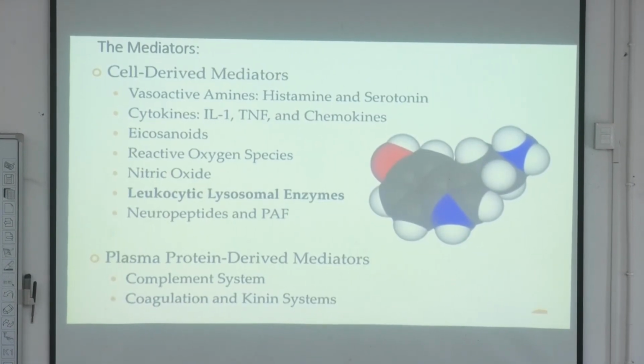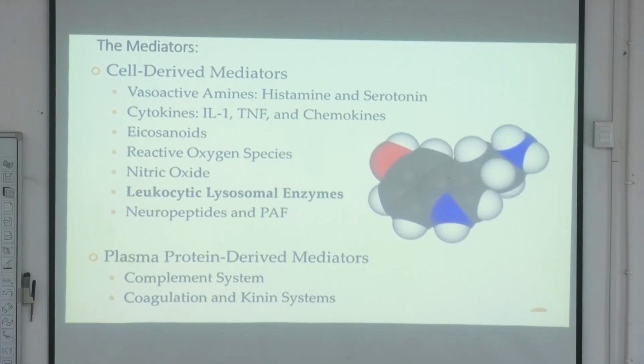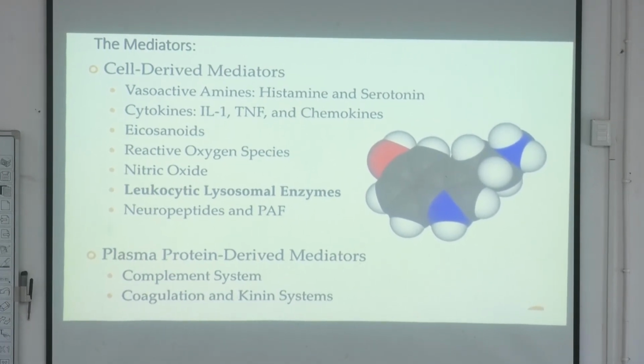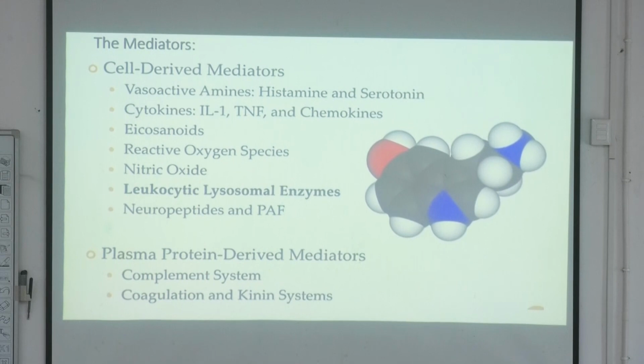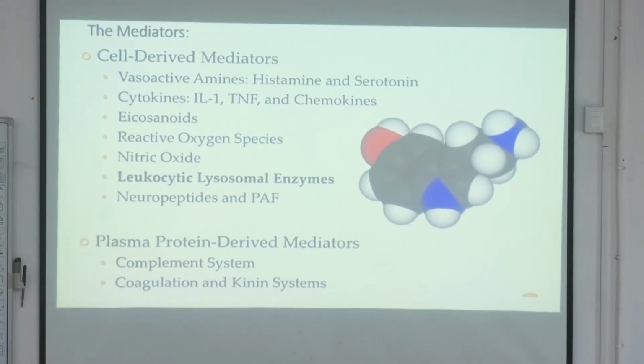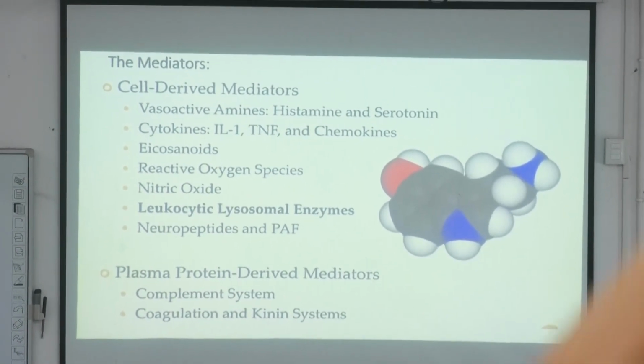Now, leukocytic lysosomal enzymes or neutrophilic enzymes. Neutrophil has two types of granules, primary granules and secondary granules. Neutrophil is a granulocyte, so they have granules in their cytoplasm. The nucleus is 3 to 5 lobed.